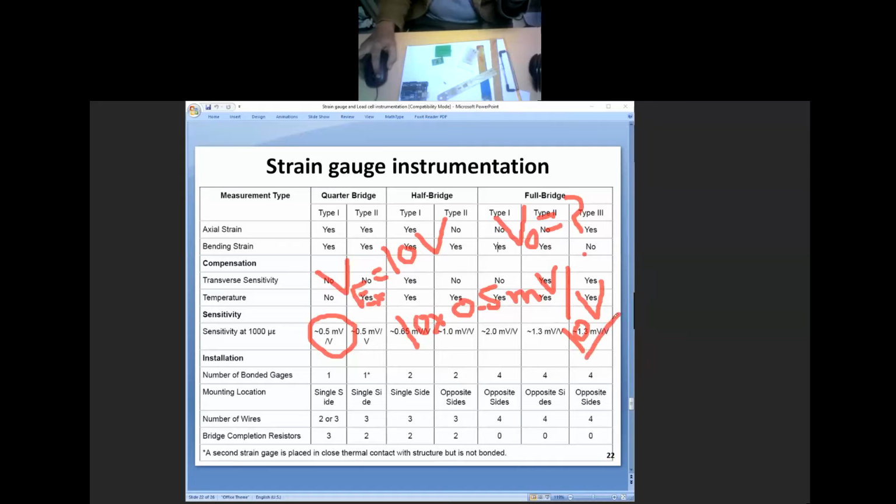So if I'm applying 10 volt of excitation, what would be the value of output voltage, V external? It would be 5 millivolt. So if I'm giving an input of 10 volt, 5 millivolt will come out as the output for this circuit. Okay, next.